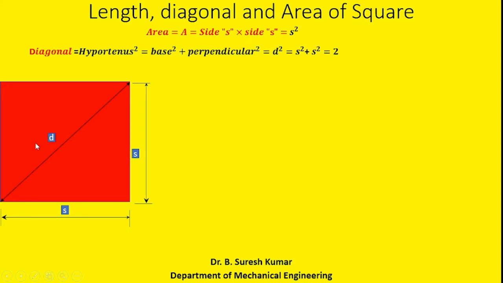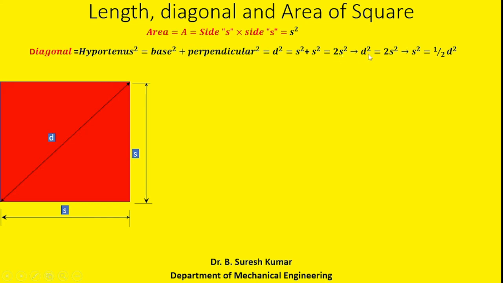So by the method of trigonometry, we can identify the hypotenuse: hypotenuse square is equal to base square plus perpendicular square, which is the formula for the diagonal. It can be represented here: the hypotenuse is the diagonal, so d square, and the base length is S, so S square, and the perpendicular height is also S, so d square is equal to S square plus S square.